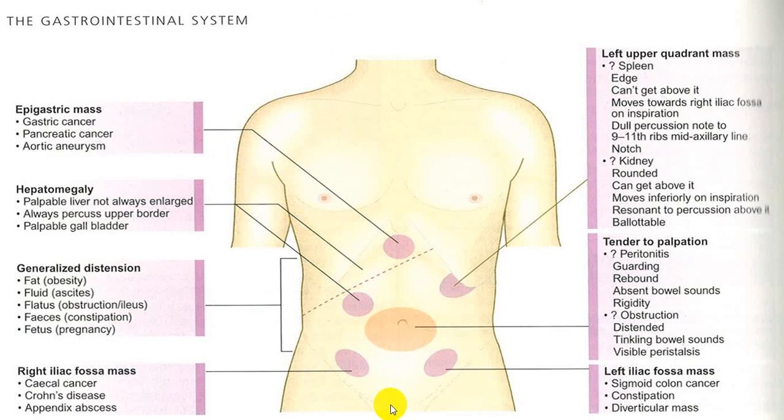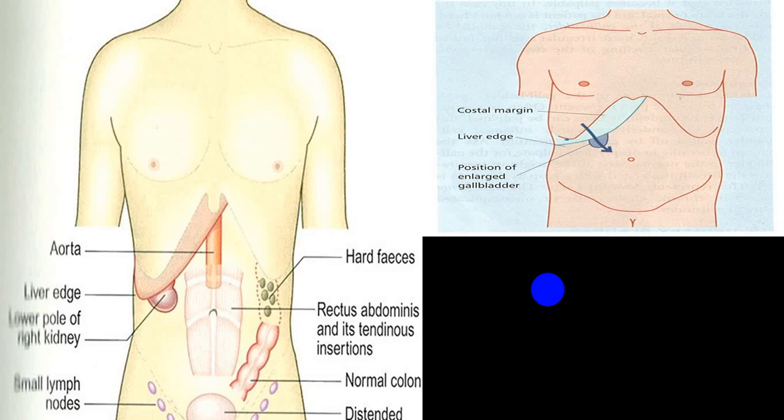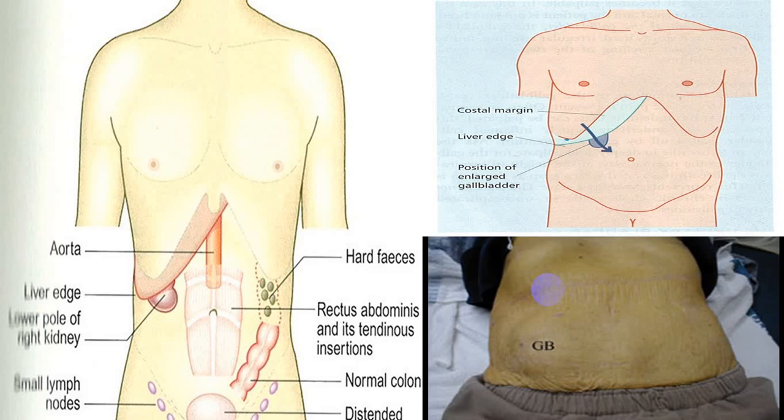Normally we divide into 4 quadrants, that is right hypochondrium, left hypochondrium, right lumbar, left lumbar, and we usually mention umbilical region, right iliac fossa, left iliac fossa, and hypogastrium. So 9 quadrant method is always little better to give you a proper description of which organ is being enlarged. So try to look for all those findings.